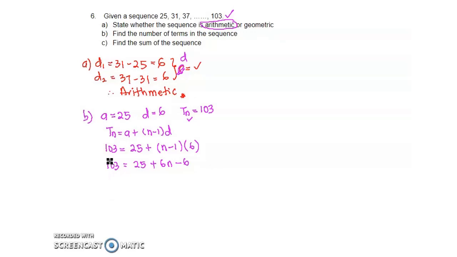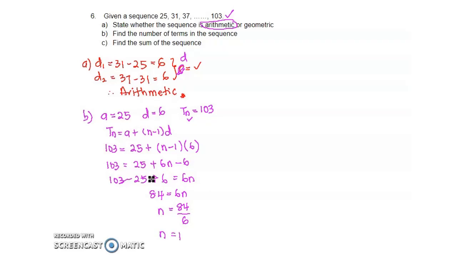So 103 minus 25 plus 6 equals 6n. 103 minus 25 plus 6 equals 84. So 84 equals 6n. So n equals 84 divided by 6, which is 14.